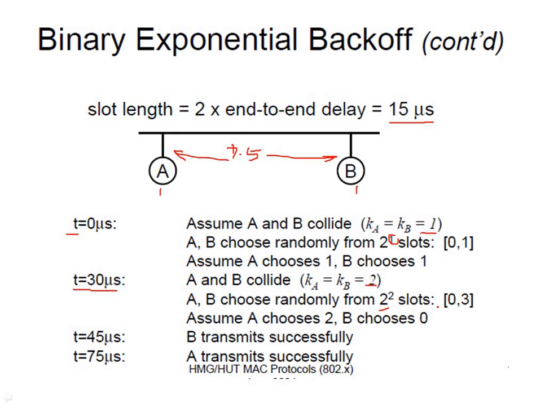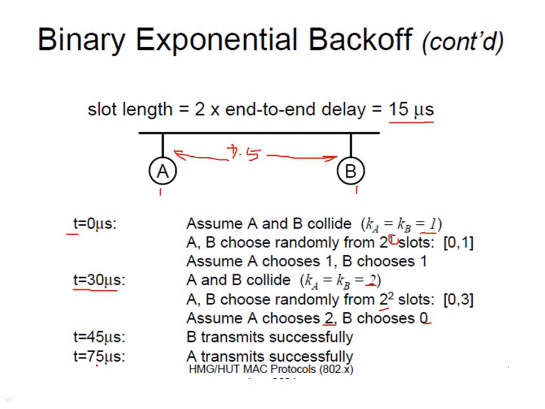So 2 raised to 2, between 0 and 3 you choose anything. Let us consider that A chooses 2 and B chooses 0. So what happens? Because of that, at t equal to 40 microsecond, B transmits successfully because B had chosen 0 and A had chosen 2. So at 75 microsecond, A will transmit successfully.